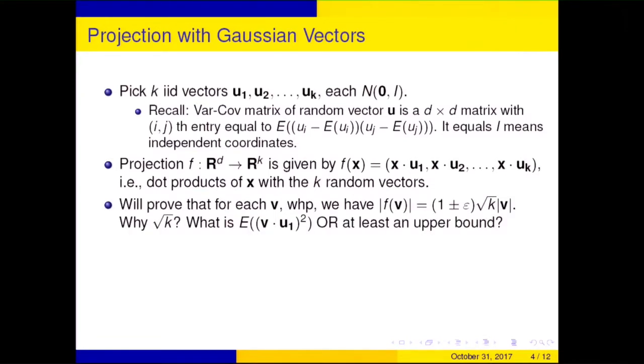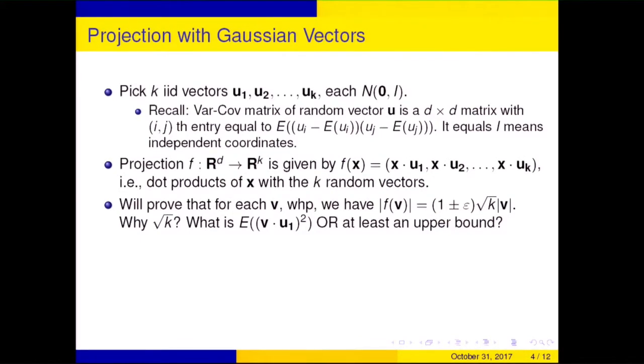We'll prove that for each vector v, the length of f of v is 1 plus or minus epsilon times the length of v, up to a root k factor. We'll think about why the root k factor. Before we do that, let's figure out the expected value of v dot u1 squared, or at least an upper bound.